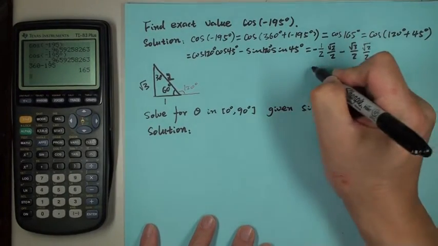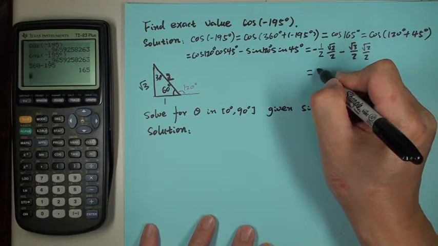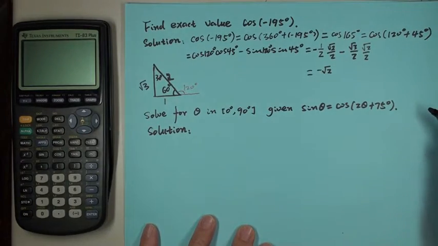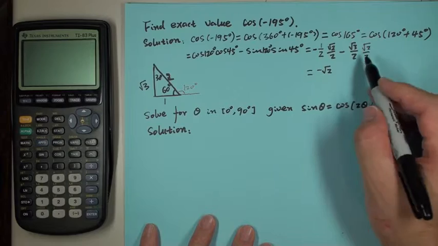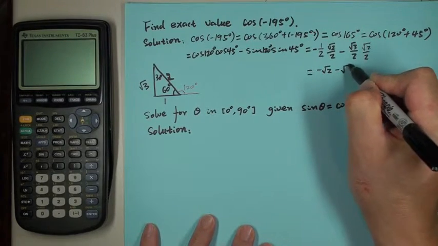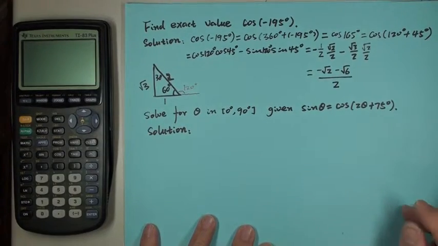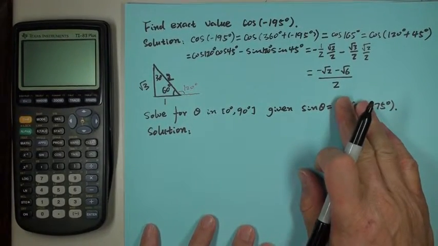And then down here we have 1 times radical 2 is radical 2, and radical 3 times radical 2 is radical 6, divided by 2. So that's the exact value.